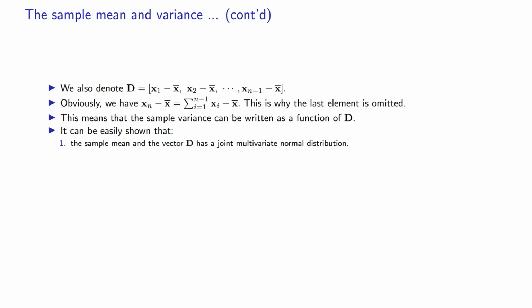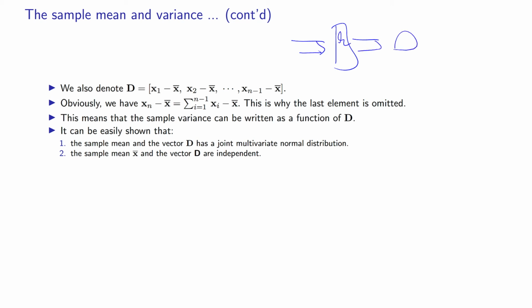Based on the arguments I have explained here, the sample mean and the vector d have a joint multivariate normal distribution because of this linear transformation. If you have a normally distributed random vector and a linear transformation, the output has a normal distribution.